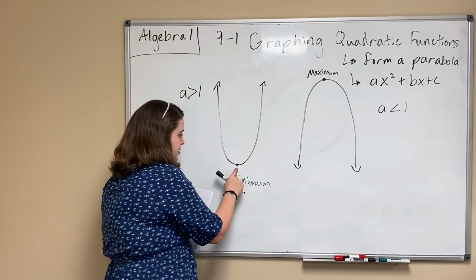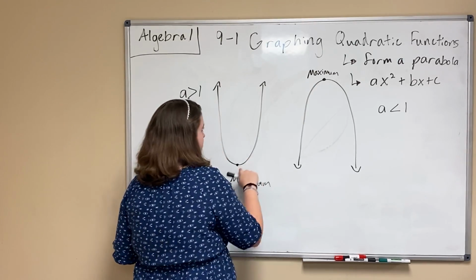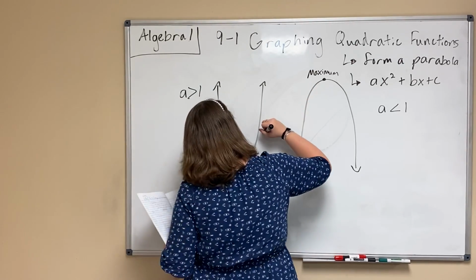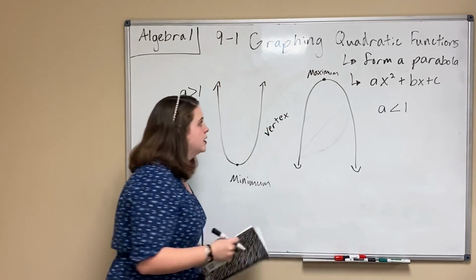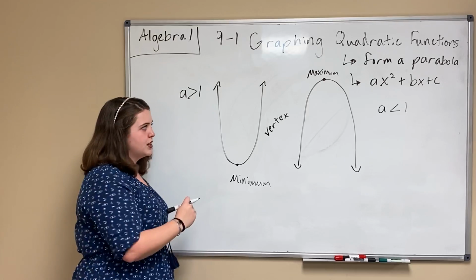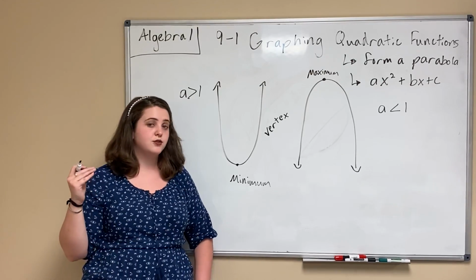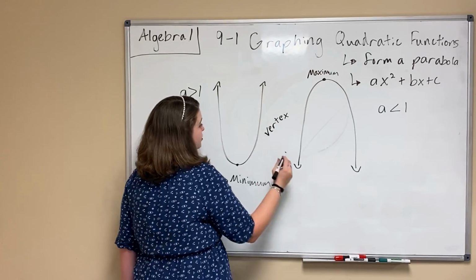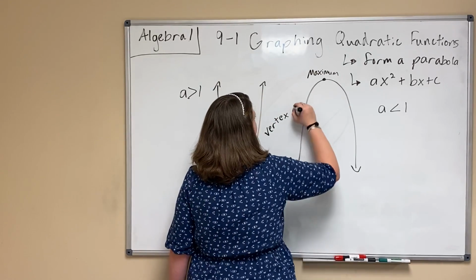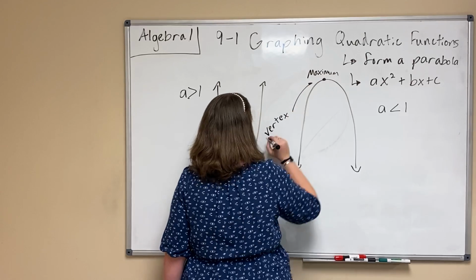Now both of these dots that I labeled minimum and maximum are called the vertex of the parabola. So no matter what direction the parabola is going, if I asked you for the vertex, you would find the point where the parabola changes directions, and that's our vertex.